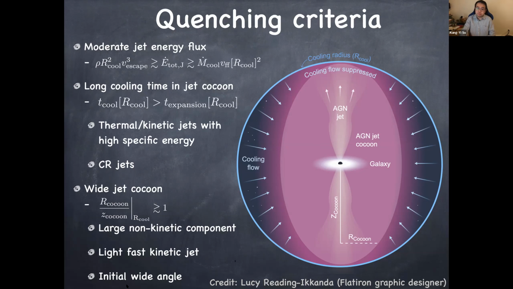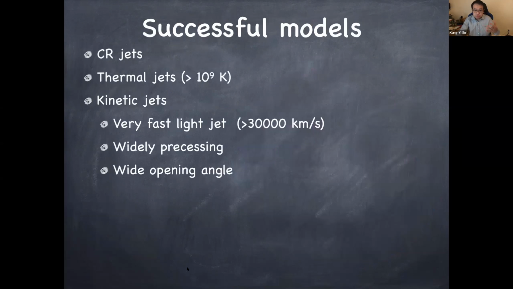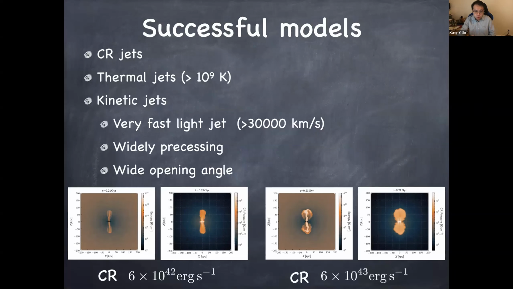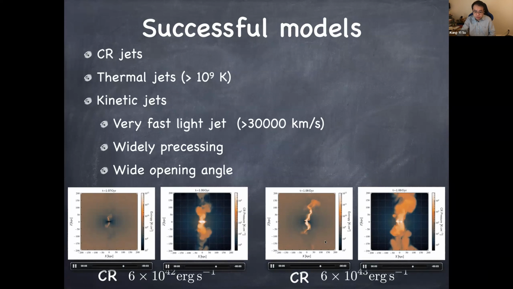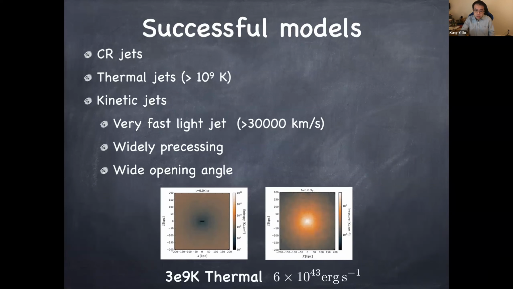Consistent with these criteria, we found a few more successful models that would stably quench the galaxy. One is a cosmic ray jet model. Here is a movie of the cosmic ray jet models at lower and higher energy flux ends. Also, if it's a thermal jet, as we said, it needs to be a very high temperature thermal jet, a very high specific energy one, so you could heat a cocoon to a sufficiently high temperature.